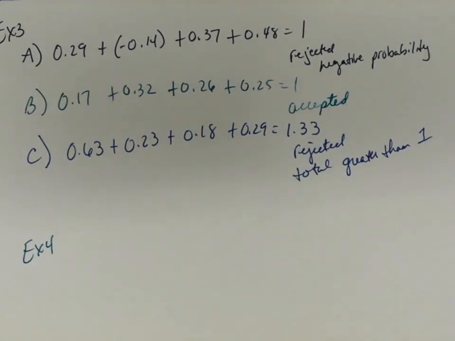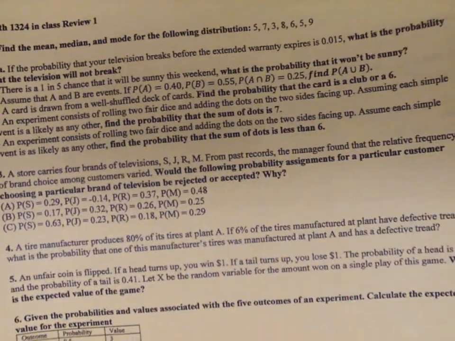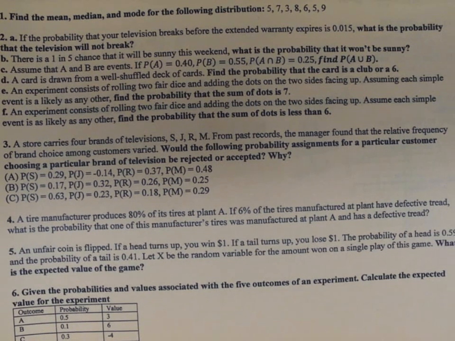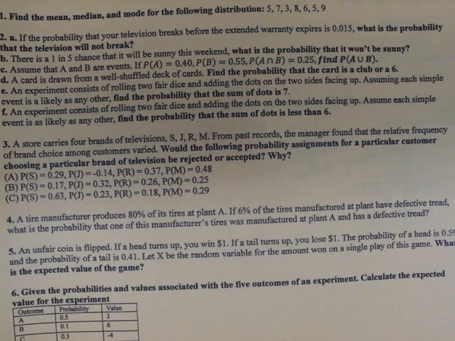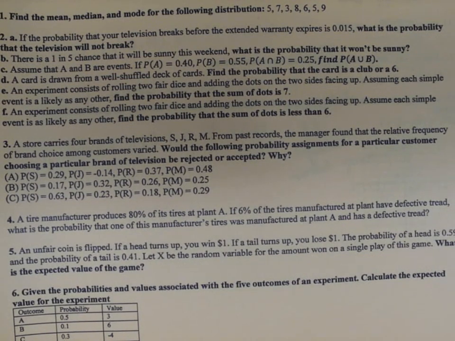So for example 4, a tire manufacturer produces 80% of its tires at plant A. If 6% of the tires manufactured at plant A have defective tread, what is the probability that one of this manufacturer's tires was manufactured at plant A and has a defective tread?